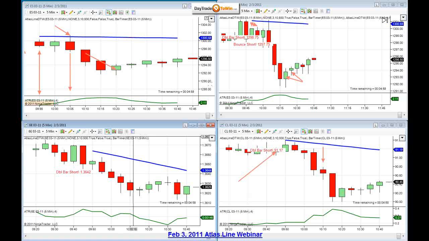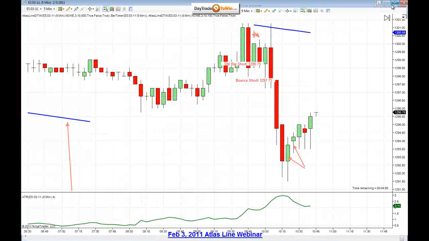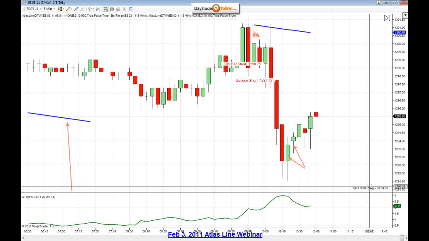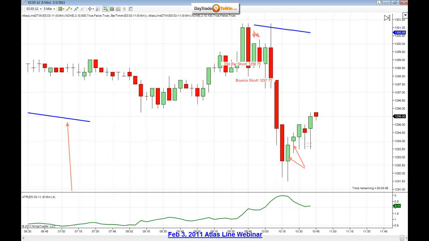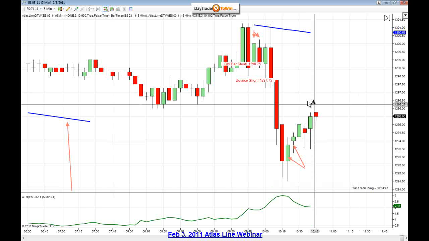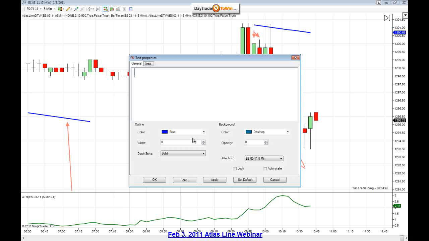So as an example, on the E-mini here, all I want is 1 point on this Atlas line pullback. But if I didn't get this 1 point, let me just write this down here for you guys to see: time-based stop.